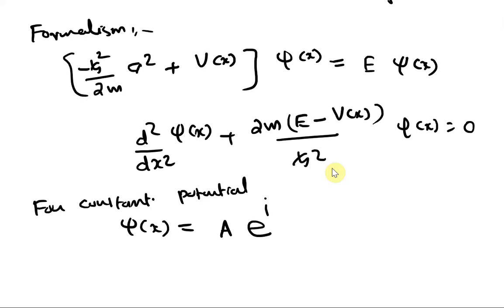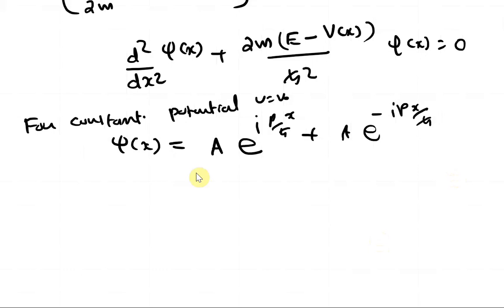So A e raised to i p x by h cross, where p is a constant in this constant potential case, plus another term B e raised to minus i p x by h cross. This was our solution for constant potential.